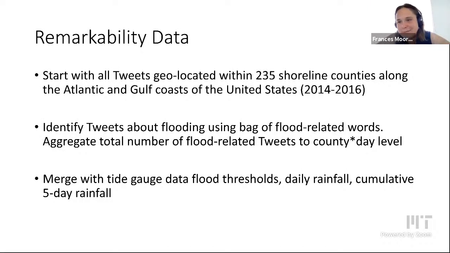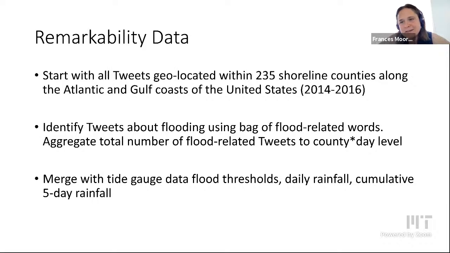We identify tweets about flooding if they contain a flood-related word. It's a bag of words approach, where we have a set of words that we think are about flooding, and we count up the tweets in each county each day that contain one of these flood-related words.